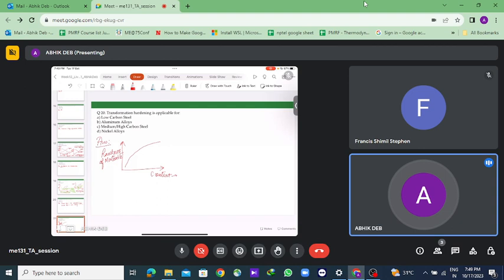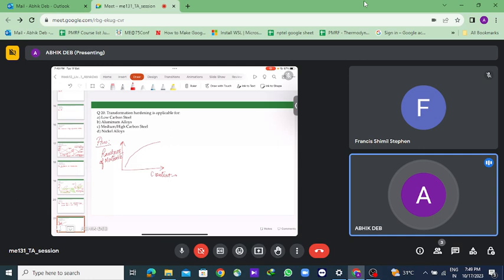So transformation hardening is used for medium or high carbon steels and the carbon content is greater than 0.3%. Okay, so it is C.